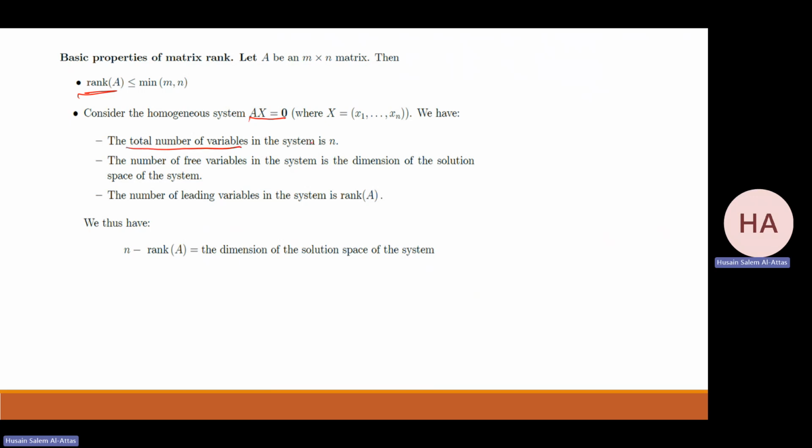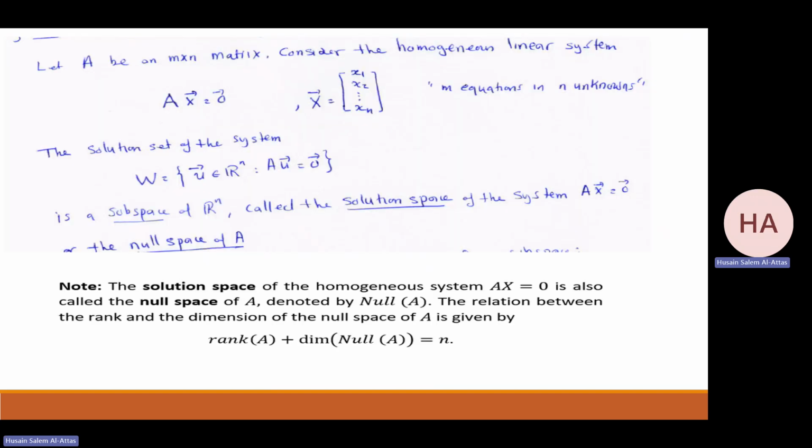The total number of variables is n, which is the number of columns. The number of free variables is the dimension of the solution space of the system, which is the dimension of the null space. The number of leading variables is the rank of A. For sure, the dimension of this solution space plus the rank of A gives me n, or n minus the rank of A equals the dimension of the solution space of AX equals 0.